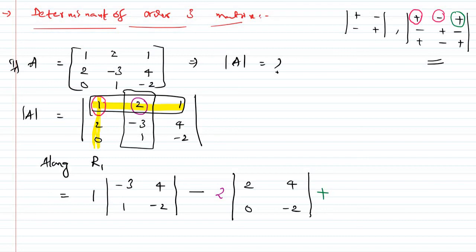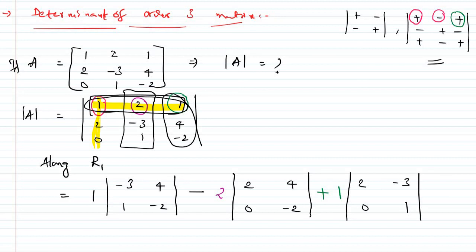So we go to the next element. The next element is 1, and we write it as it is, multiplied by the determinant after deleting this row and column along with 1, so 2, minus 3, 0, 1. That's it. If we simplify that, we will get the result.